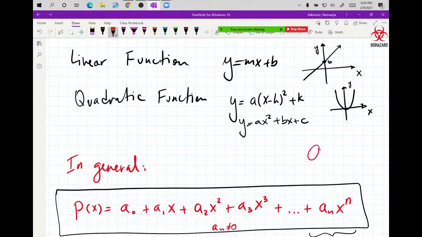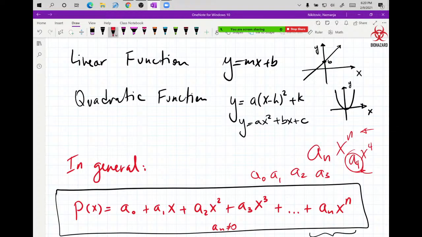So technically this AN means whatever the exponent is, which is, let's say, x to the fourth, then this becomes a4 over here, because that n is the same as the other n, and it's just the index to tell us that that's a coefficient which is different than a3, different than a2, different than a1, and different than a0, because they can all be different numbers.